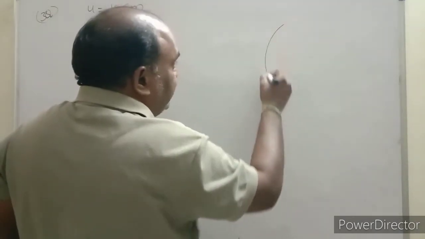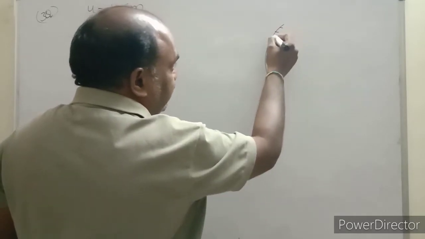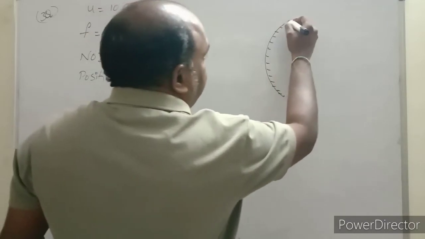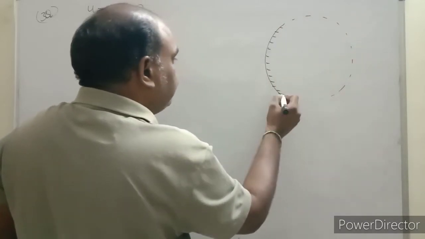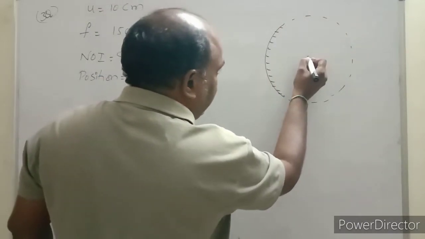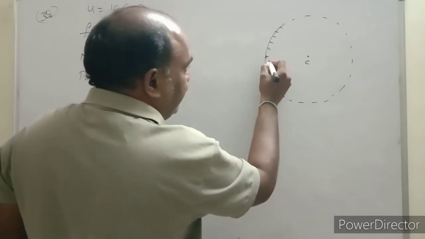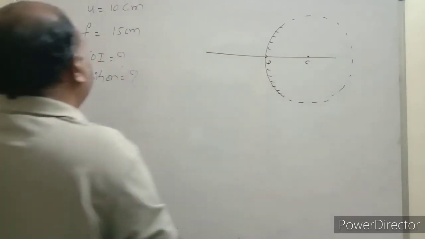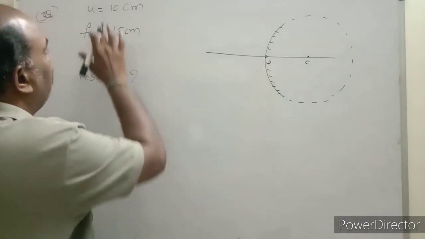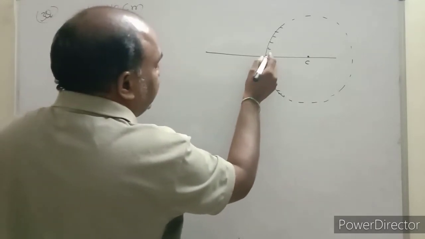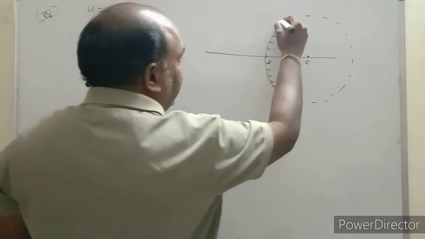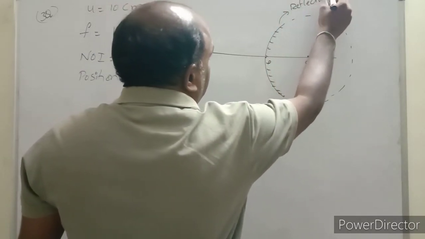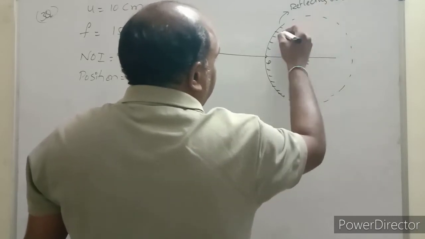See, this is the convex mirror, a curved surface. In a convex mirror, the silver mercury amalgam will be inside. It is extracted from this whole sphere. This is the center of curvature, the geometrical midpoint, and the pole. This is the imaginary line passing through the pole and center of curvature. We know the object is always placed on the reflecting side. This is the reflecting side, children, and this is the non-reflecting side.